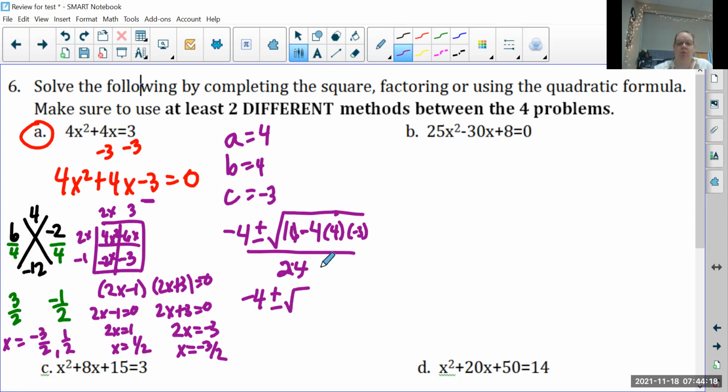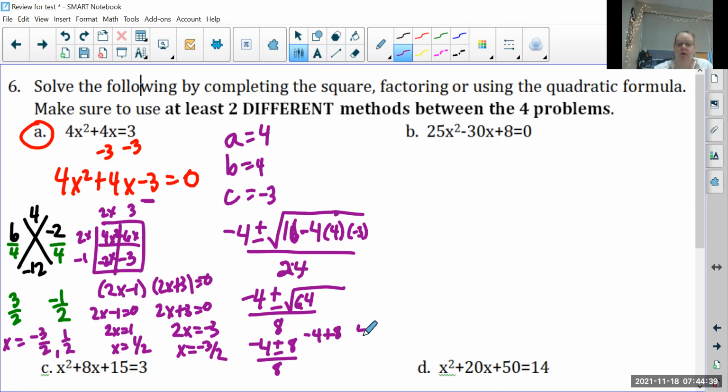When I evaluate the square root, this is 16 minus 4 times negative 3. I get 64. 2 times 4 is 8. The square root of 64 is 8. So this is negative 4 plus or minus 8 divided by 8. So I need to do negative 4 plus 8.